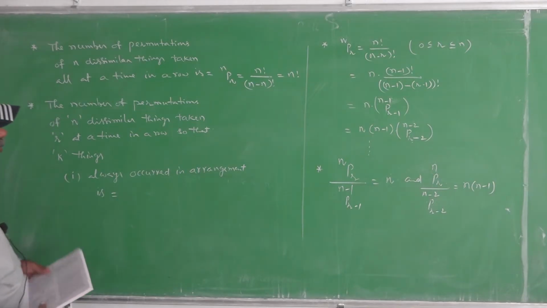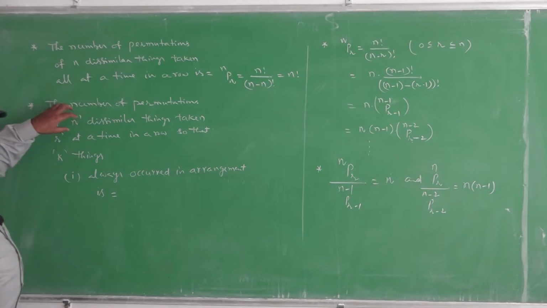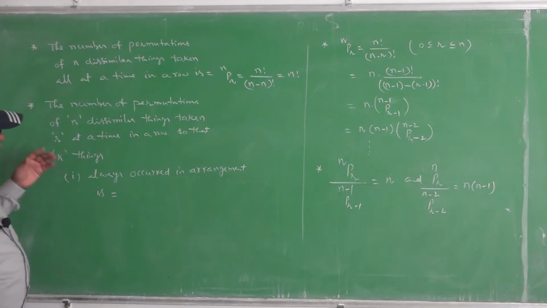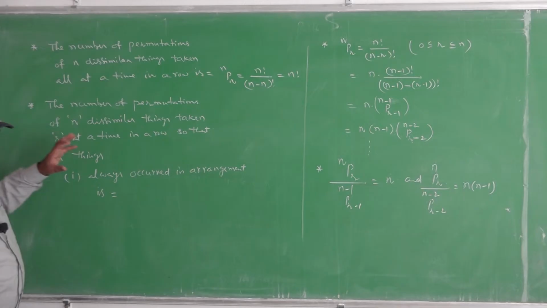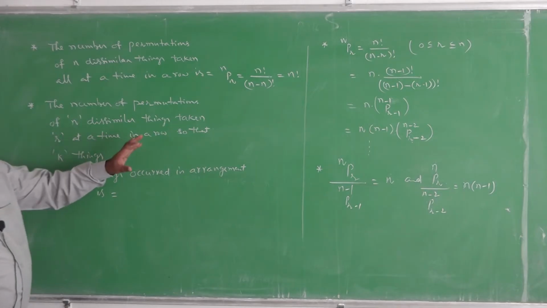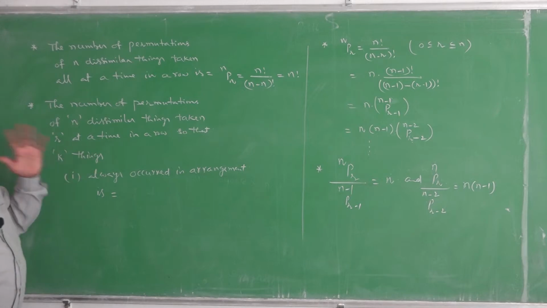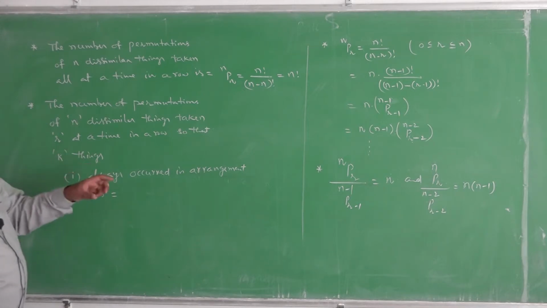Out of n dissimilar things, r are to be chosen and arranged in a row, so that k things are always included in the arrangement.